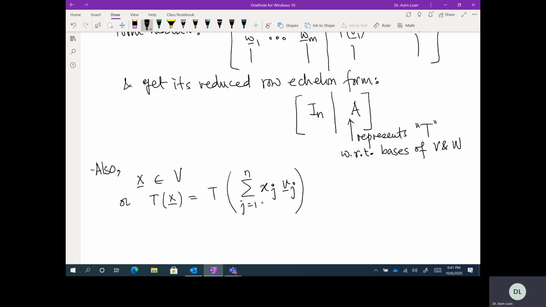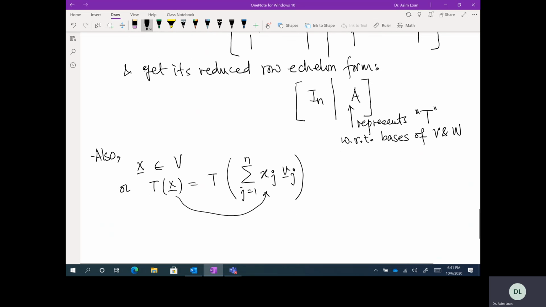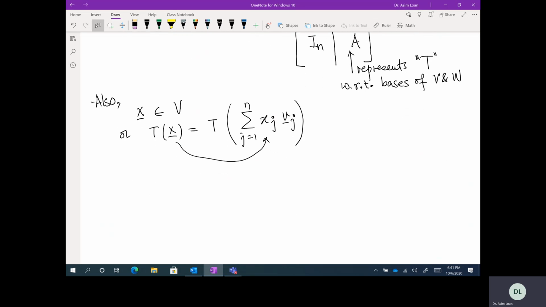This is writing x as a spanning set depending on the basis of V, which is equal to the sum over j of xj times T of Vj.